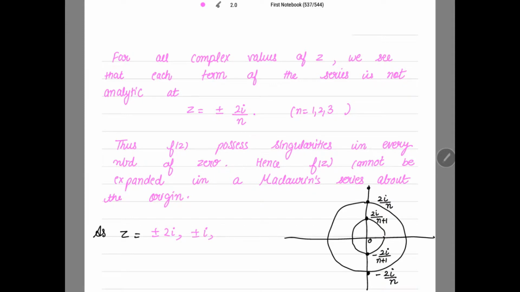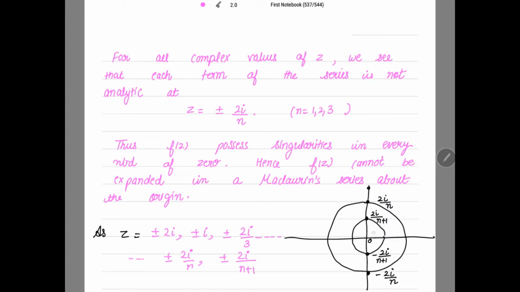Put n equal to 3, I have 2 iota over 3. So the denominator is increasing. Likewise going on, we reach plus minus 2 iota over n, then plus minus 2 iota over n plus 1. This is the point 0, and in every neighborhood of 0 we have so many singularities.